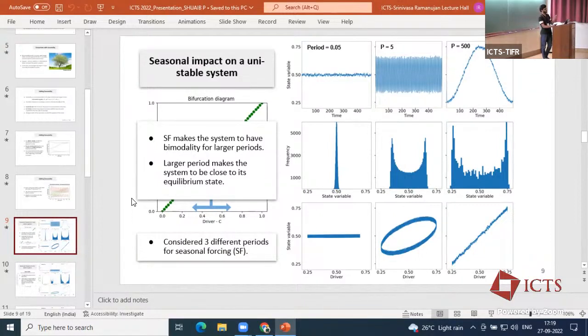So for smaller periods, the system doesn't go up to the potential state change for that particular change in the driver.